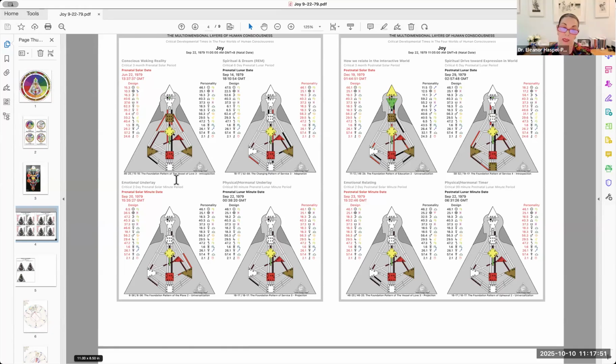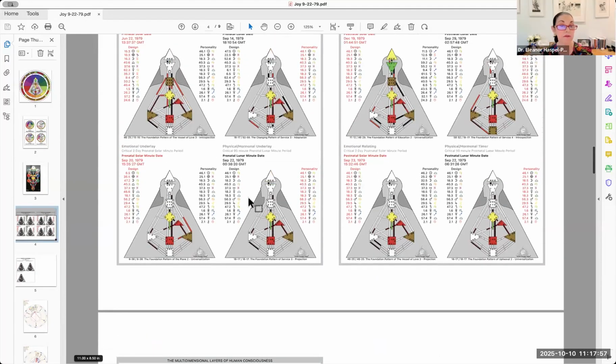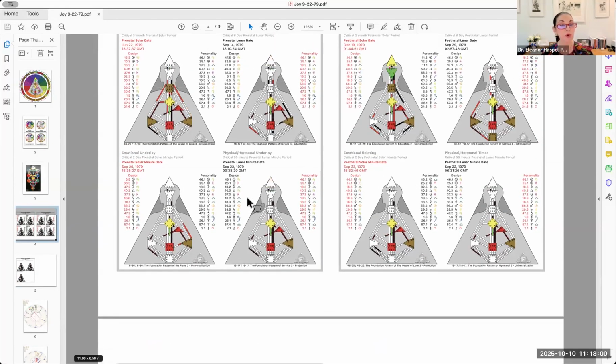You are somebody who is very intuitive. You know things about people. You know things and where to put yourself. You have a good instinct about that.